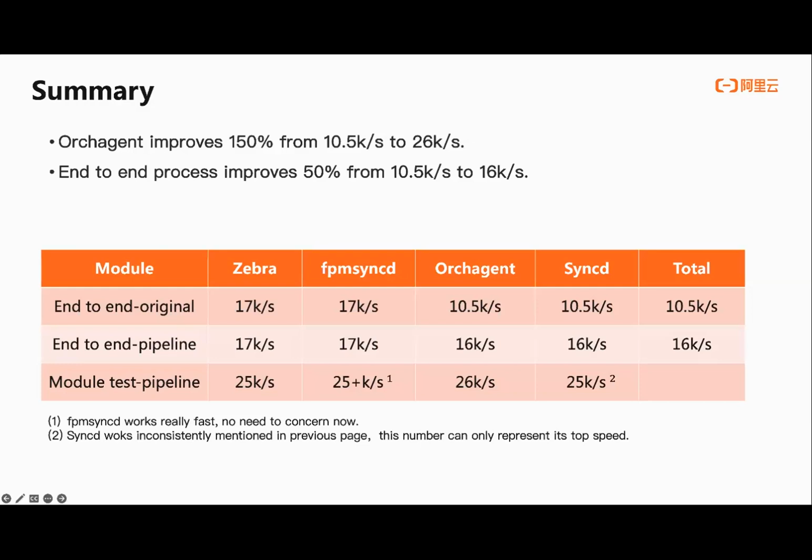And I doubt that Zebra or SYNC may be the bottleneck. Actually, we have tested Zebra separately too. Its speed is like 25K, the same as FPM SYNCD. So I don't think FPM SYNCD is the reason why Zebra is limited to 17K here.